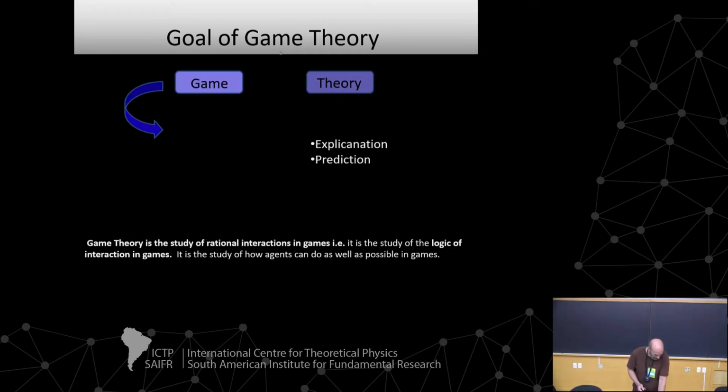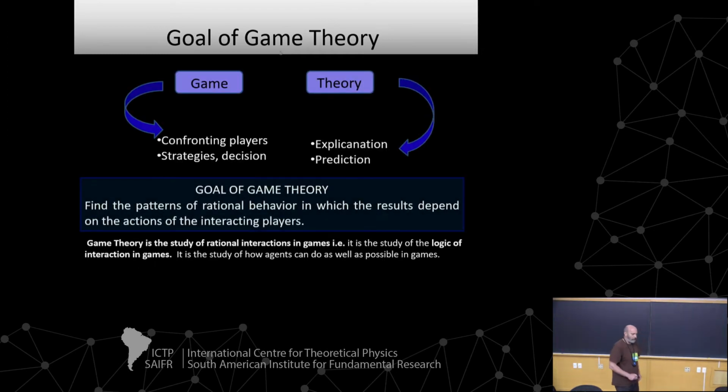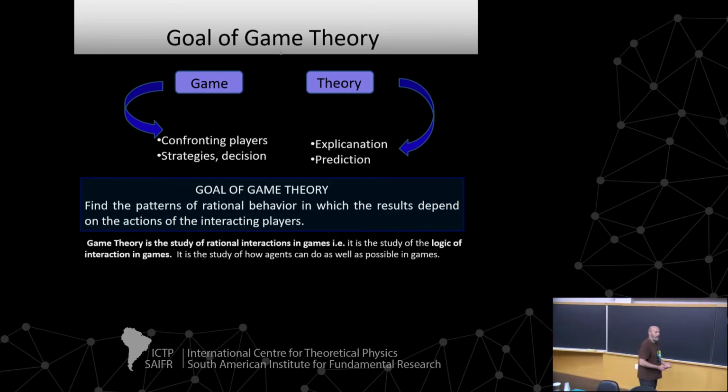We have 2 words: the word game and the word theory. Game, as we have already seen, is something related to confronting players, to strategies, to decisions. And theory is the idea of trying to explain how this interaction occurs, how the players can take one or the other decision, and how to predict the behavior of the players.